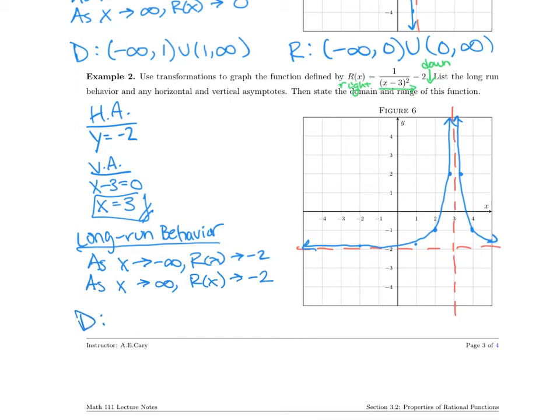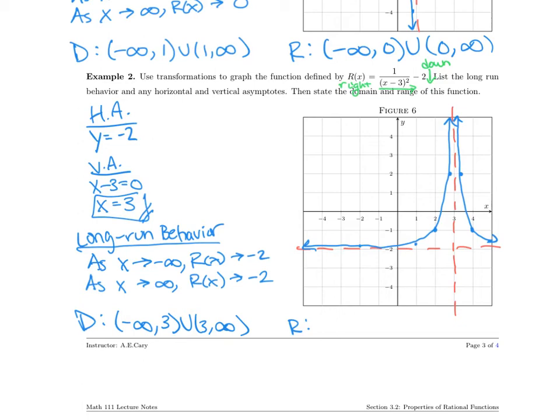Now for our domain, it's going to be very similar to the previous problem. We have a break with a vertical asymptote at x is equal to 3. So this will be from negative infinity to 3, and from 3 to infinity. But our range is going to look a little bit different, and that's because we don't have anything down here. We start at negative 2, and then we go up. And that's because we're dealing with a parent graph of 1 over x squared, where we have our graph in, if you want to think of them like, quadrants 1 and 2.